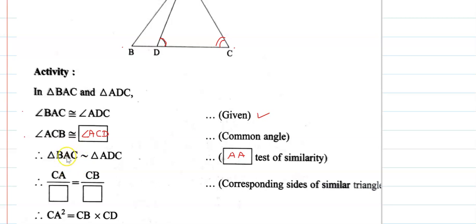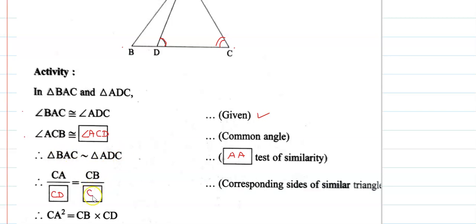Therefore, corresponding sides are in proportion: CA upon CD and CB upon CA.